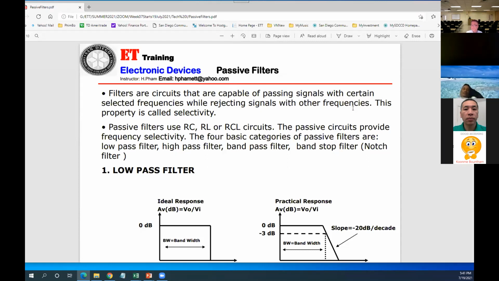Okay, so today we will be learning about the filter. We only get the filter, then we get the resonance.